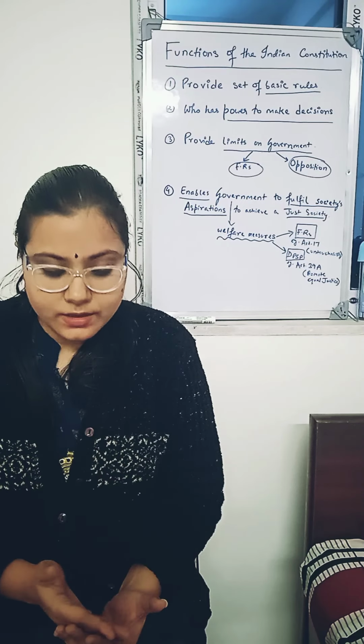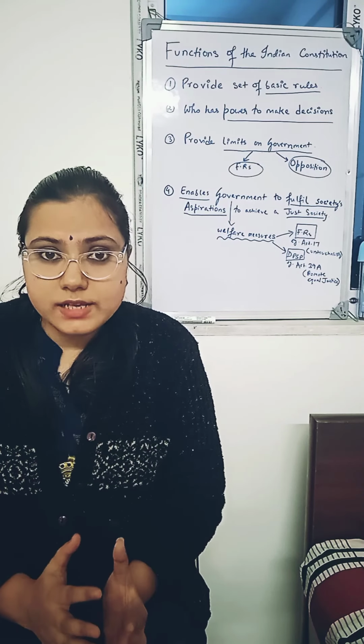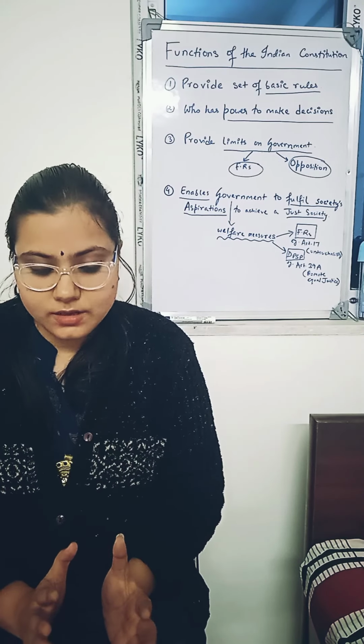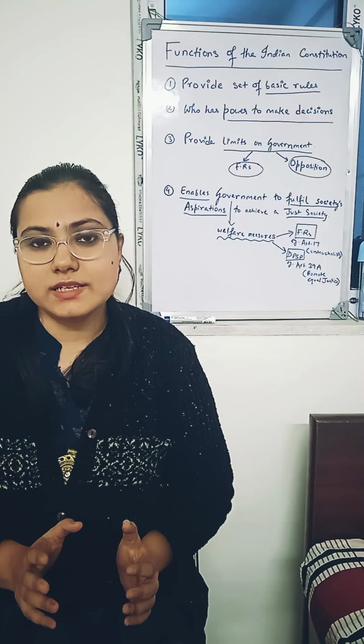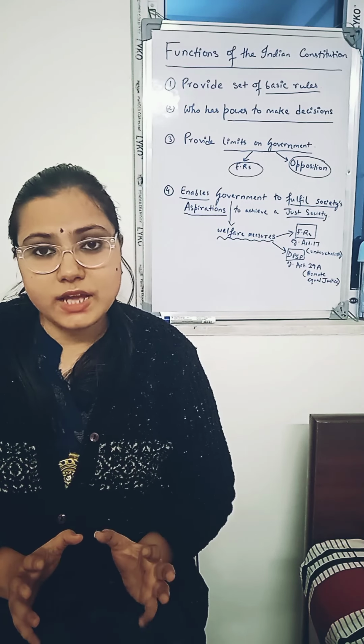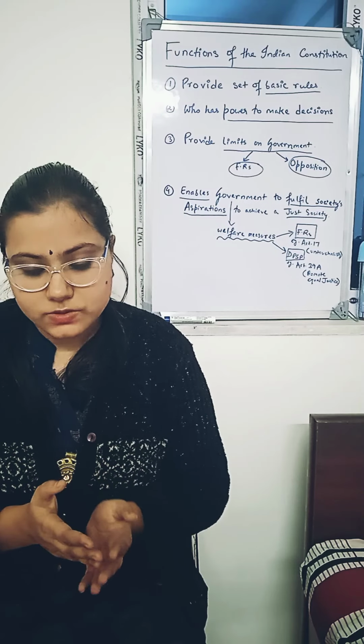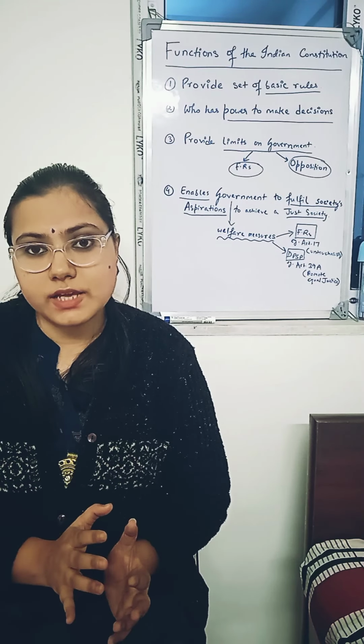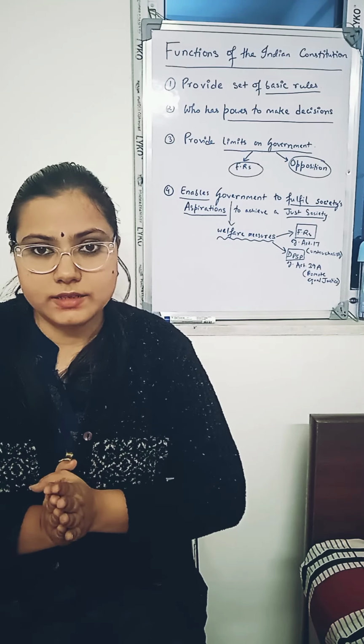So you see, our constitution is a very holistic document which tends to make our Indian society just, peaceful and egalitarian, so that we Indians can live in this society peacefully and in harmony.